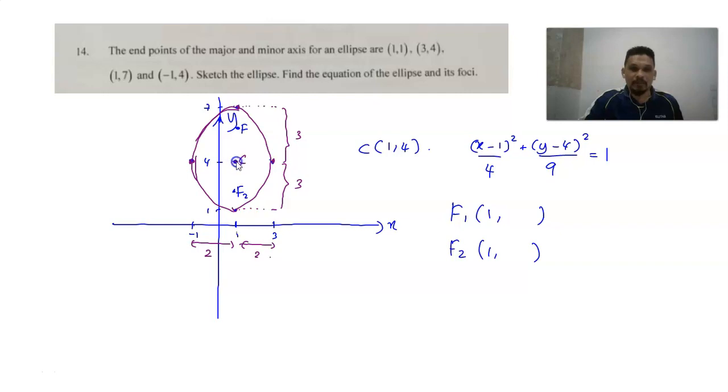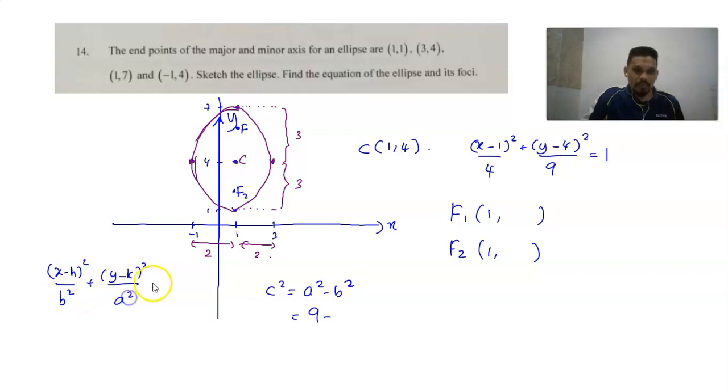So from 4 plus, we need to find c here. c squared equals a squared minus b squared, where a squared equals 9. Please remember this: (x minus h) squared divided by b squared plus (y minus k) squared divided by a squared equals 1.